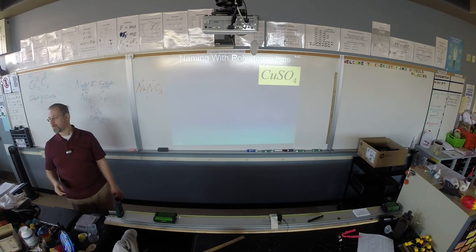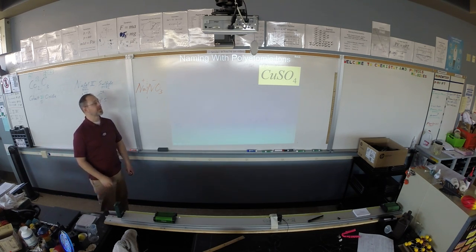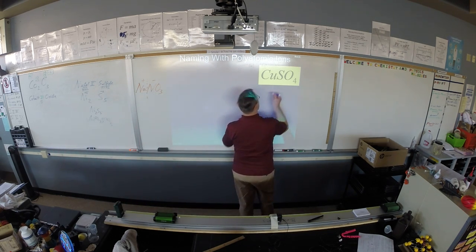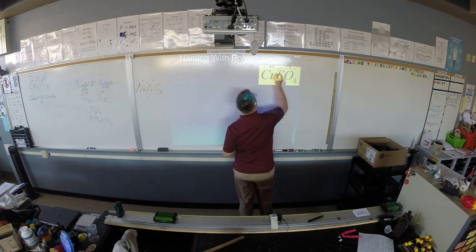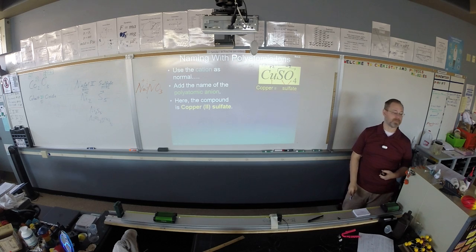It's copper 4? Getting warmer. Copper 2 sulfate. Again, the sulfate is negatively 2 charged. The sulfate's minus 2. That makes the copper plus 2. So we know this to be copper 2 sulfate.